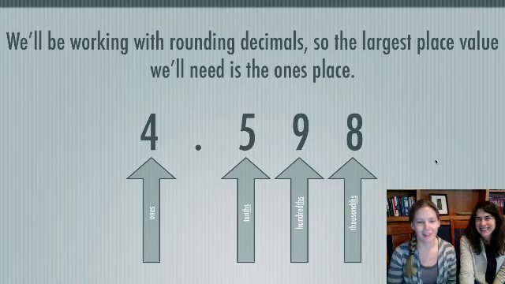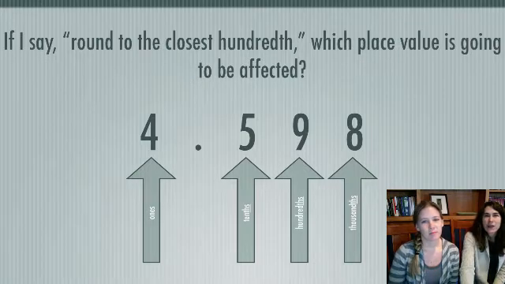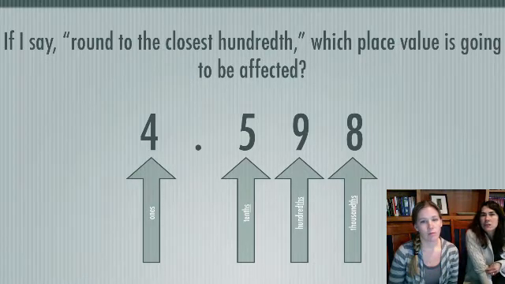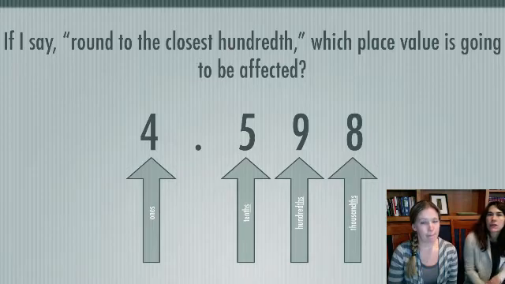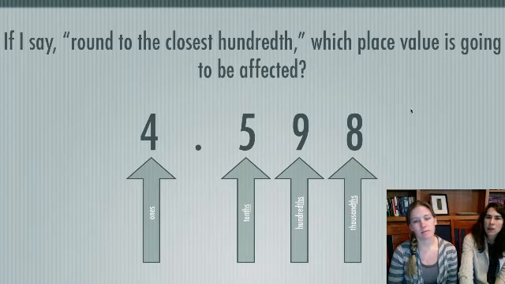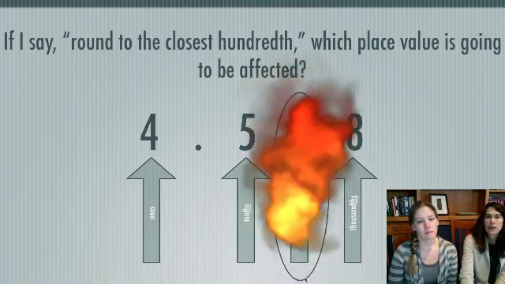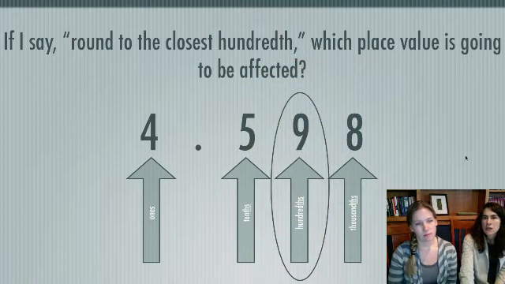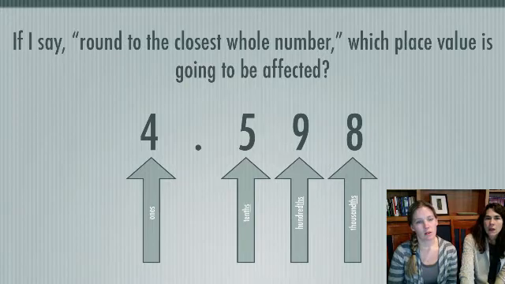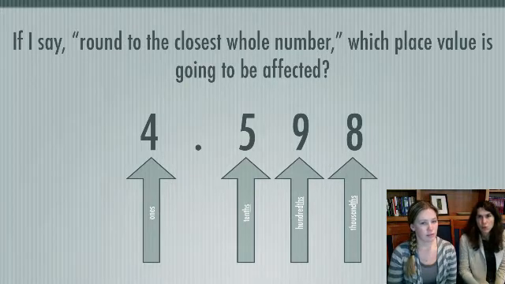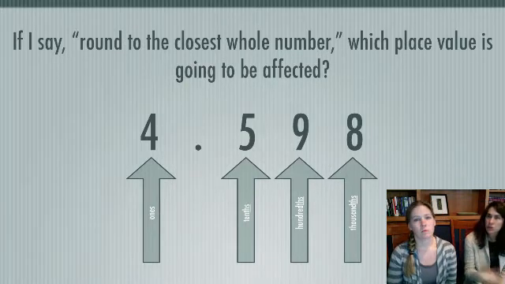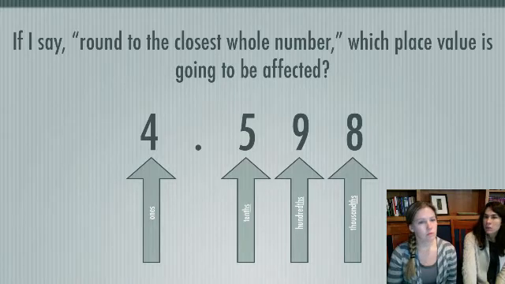Really big whole numbers. So, if I say round to the closest hundredth, which place value is going to be affected? Hopefully you're looking at the number 9 right there, up in flames. If we say you need to round to the closest whole number, which place value is going to be affected then?